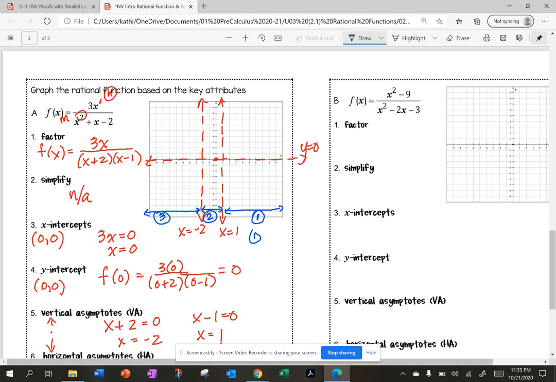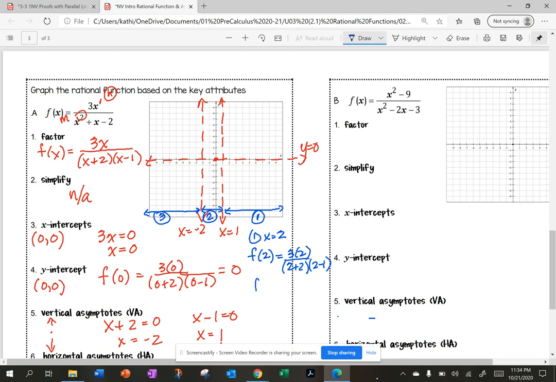All right, I'm going to start out by picking the point at x equals 2. It doesn't matter, I can pick any number greater than 1, but I'm going to test at x equals 2. So I substitute in: f at 2 equals 3 times 2 over 2 plus 2 and 2 minus 1.